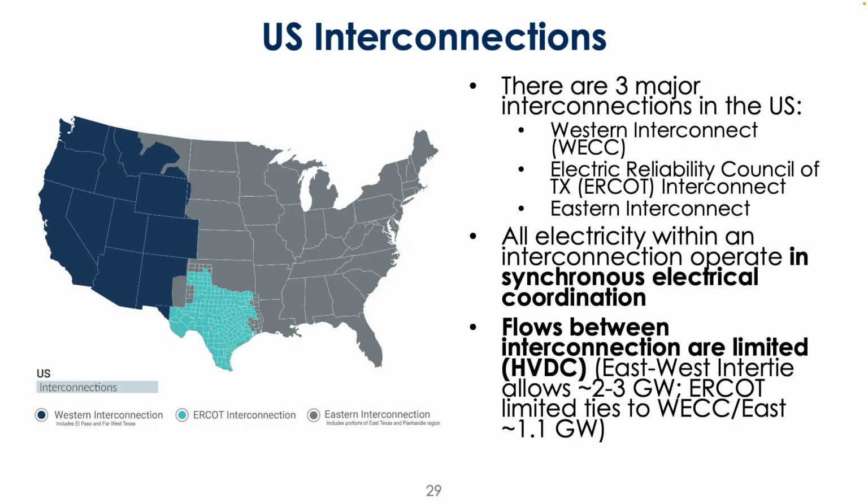So we think about the transmission system in this broad way. This is what's known as the interconnection level, where you don't really see electricity moving between these different regions. So ERCOT is the Texas region, and they have an isolated grid.